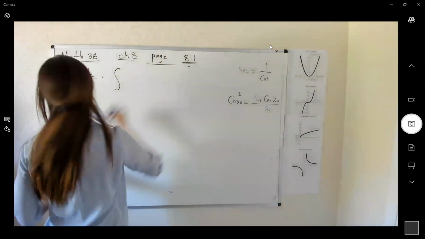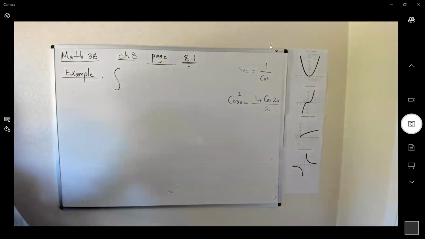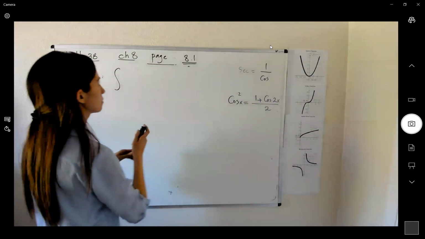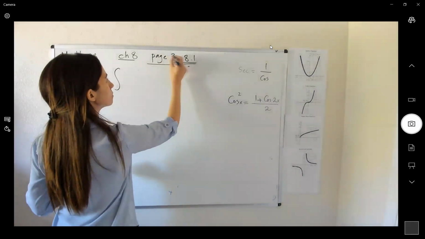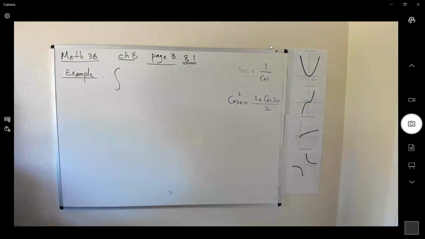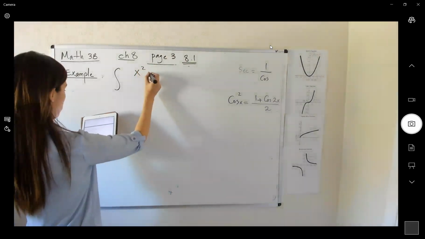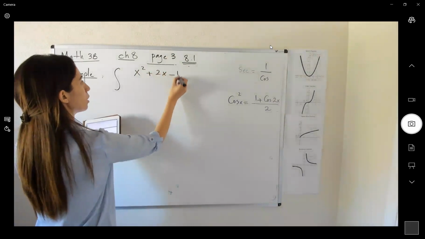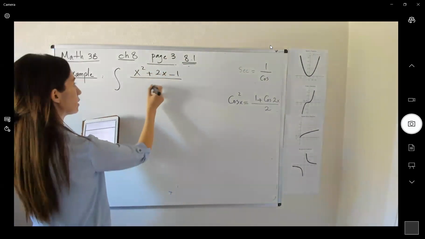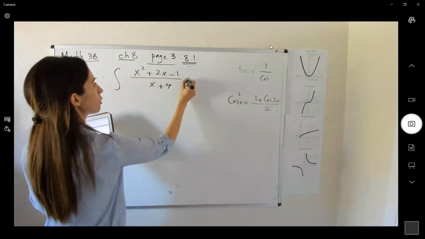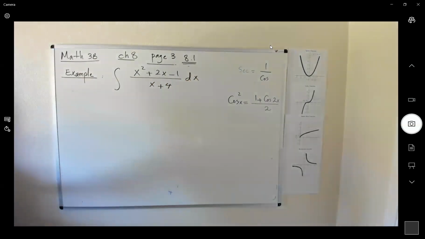We're on page 3. So here you have the integral of x squared plus 2x minus 1 divided by x plus 4 dx.